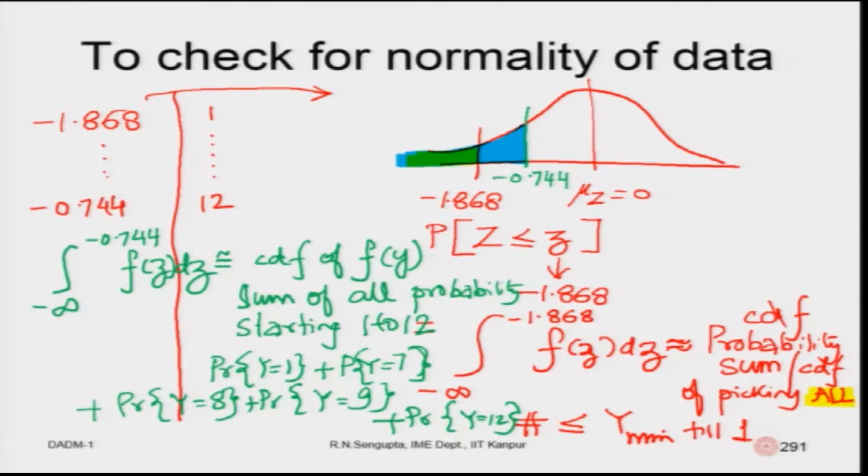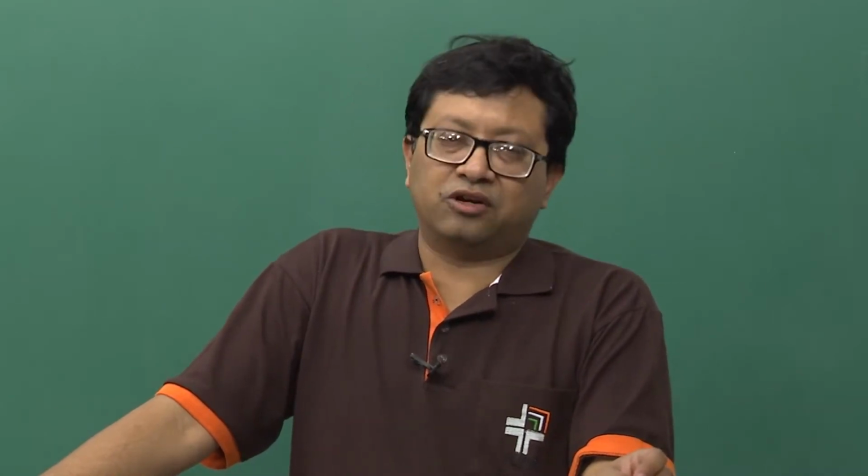You find the CDF of f of y, whether discrete or continuous, then map it with the standard normal deviate: what is the area, the value of z from the standard normal deviate, and the corresponding value of y for which the CDF value is equal to the standard normal CDF. We say they are equivalent, and then plot it accordingly.